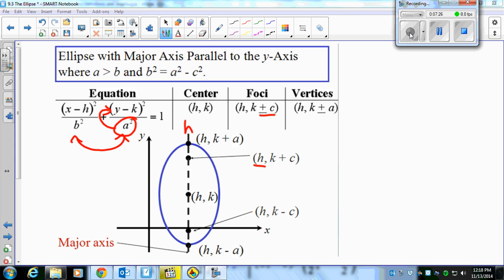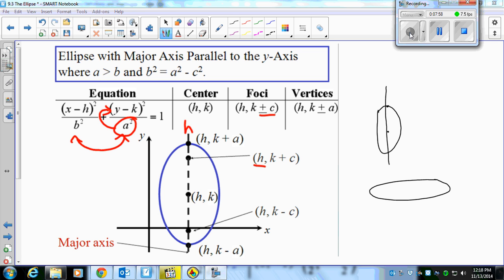Just like before with parabolas, you first have to decide whether you're dealing with a major axis that is vertical or horizontal. As long as you're given two points, you can decide which equation to start with, and that's the entry point of these problems. If you're given an H, K and you know your vertex is above it, then you know you're dealing with a vertical major axis, and you'll have this family of functions.